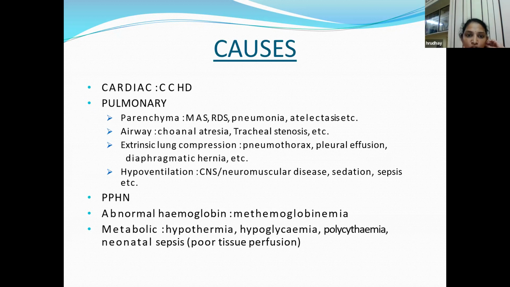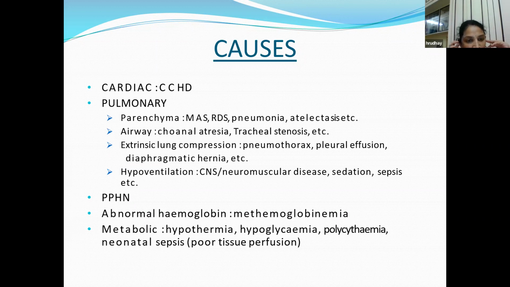Parenchymal causes in a newborn are meconium aspiration syndrome, respiratory distress syndrome, pneumonia, atelectasis, etc. Airway, which includes from the tip of the nose, choanal atresia, tracheal stenosis, laryngomalacia, all the airway obstruction causes. Extrinsic lung compression includes pneumothorax, pleural effusion, diaphragmatic hernia, etc. Hypoventilation like neuromuscular disorders, sedation, sepsis, all this can cause pulmonary causes of cyanosis.